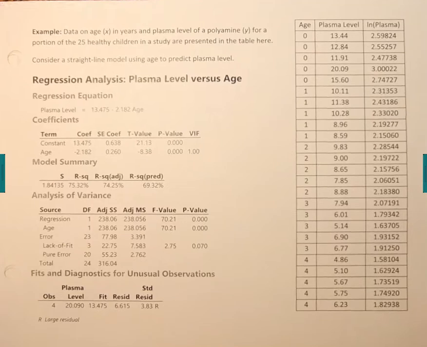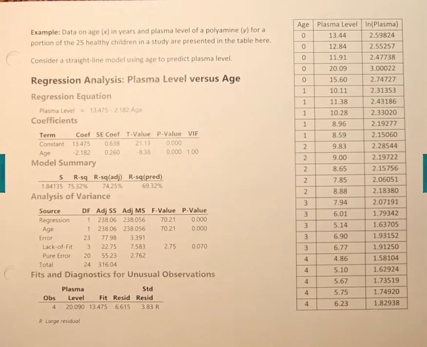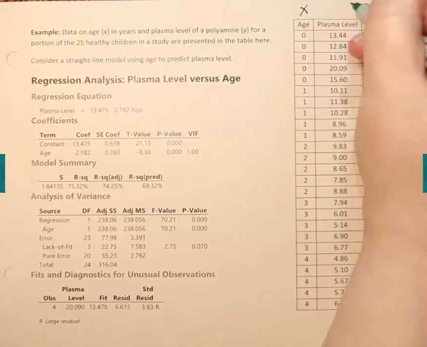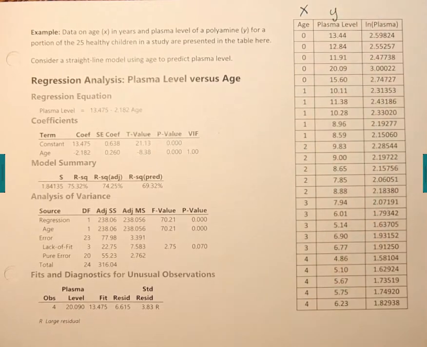In our example, we have data on age, which is X in years, and plasma levels of a polyamine Y for a portion of 25 healthy children in a study. We're going to use age as our X, and Y is our plasma level.